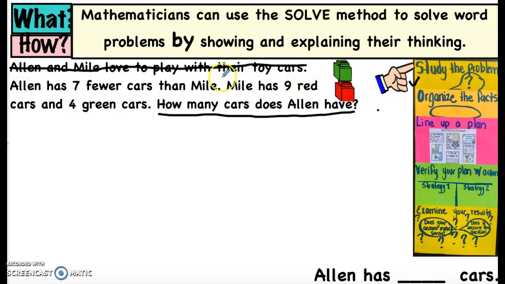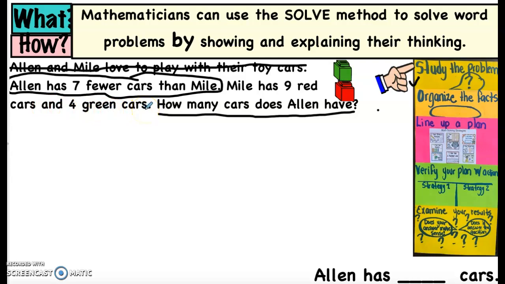So let's continue. Alan has 7 fewer cars than Maya. Do you think that's important? Is that helpful information that we need to solve the problem? Yes, it is. So I am going to circle it. Then it says that Maya has 9 red cars and 4 green cars.